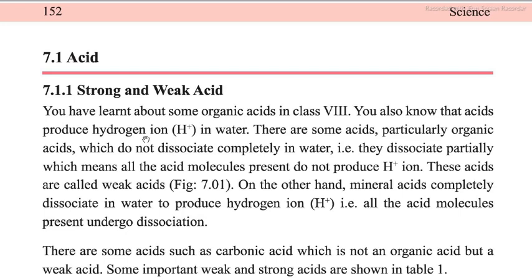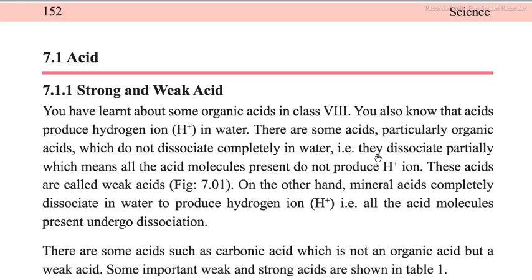So, it has been said that acids produce hydrogen ion H+ in water. There are some acids, particularly organic acids, which do not dissociate completely in water.